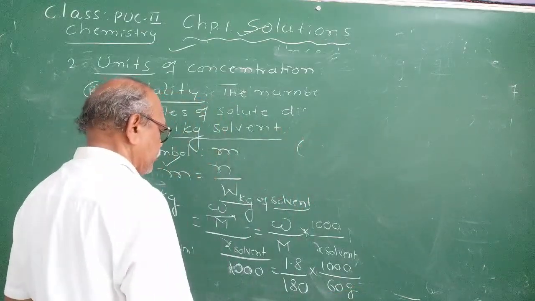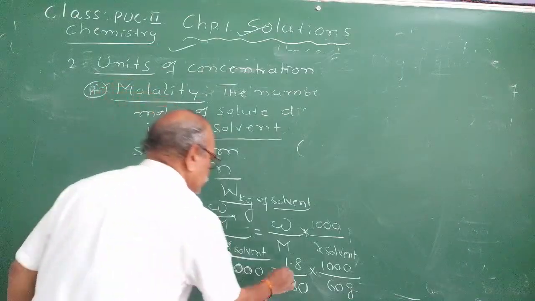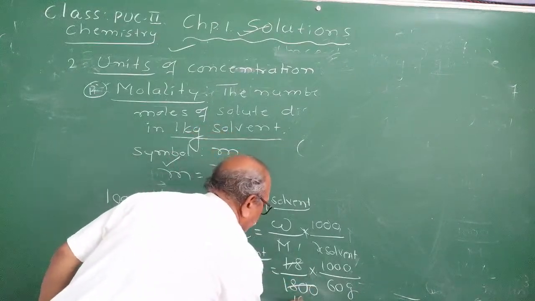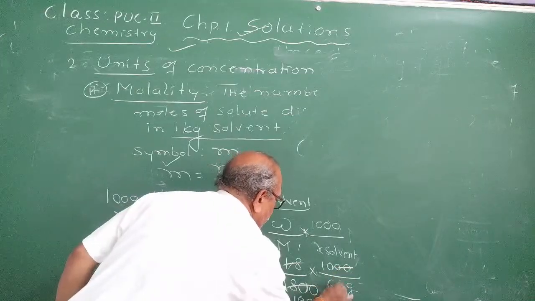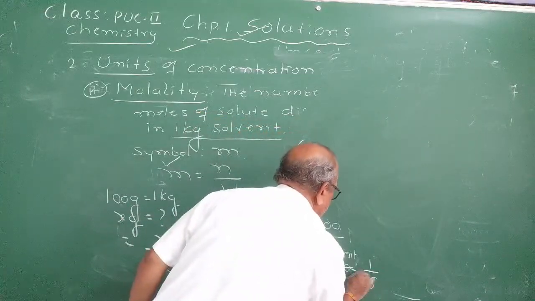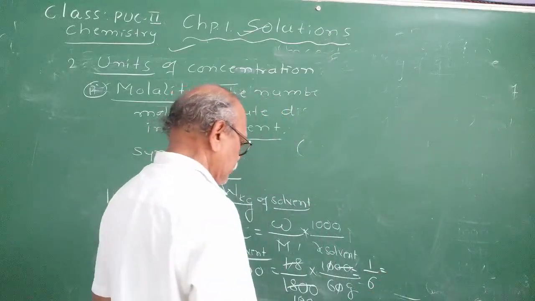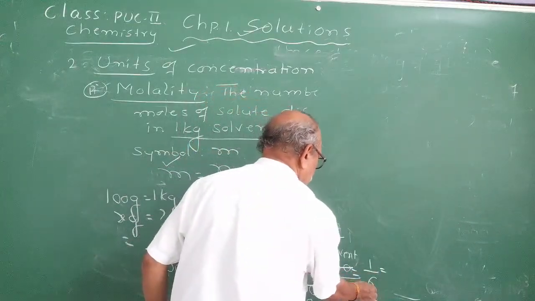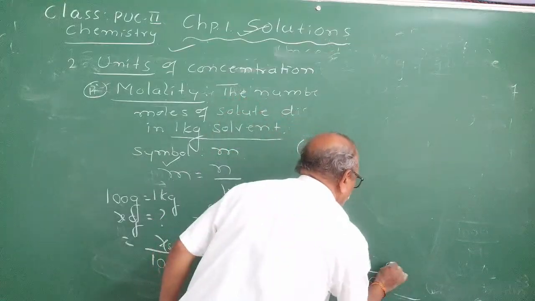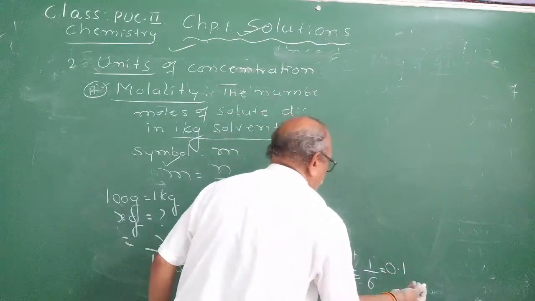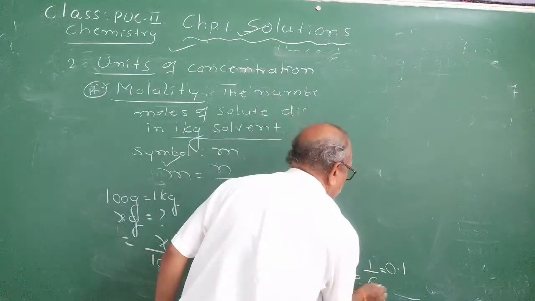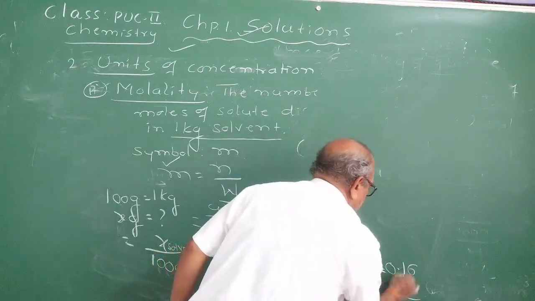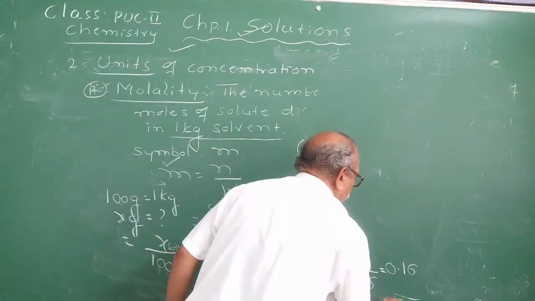Cancel, you will get 1800 upon 180 into 60. 18 ones are 18, 20 cancels, 10 cancels, you will get 1 by 6. 1 by 6 gives 0. 6 ones are 6, 40 left, you are left with 1 by 6. It becomes 10 by 6. 6 ones are 6, 40 left, 6 sixes are 36. Again you are getting 4, recurring.